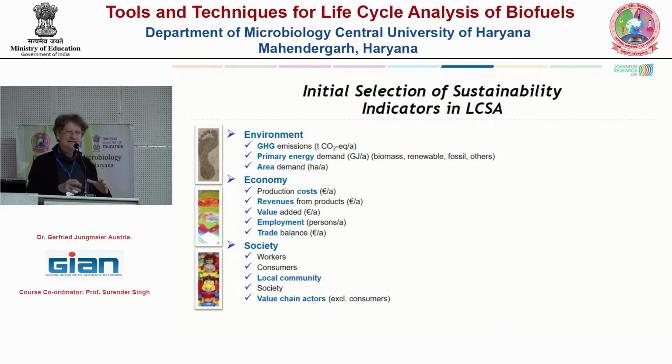So at least it's always covering the whole, and some of these indicators you can already quantify well. Others are under development, but I'm sure in future more and more indicators will come up, especially also in the social area.